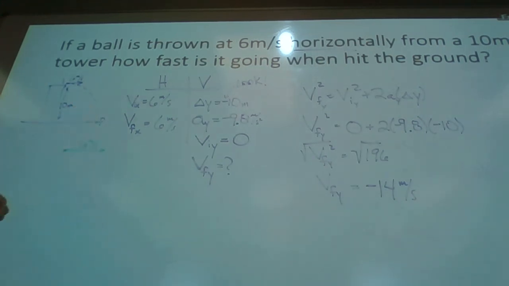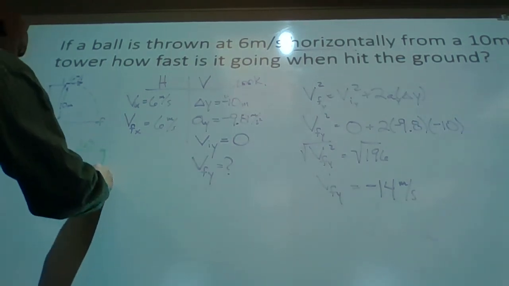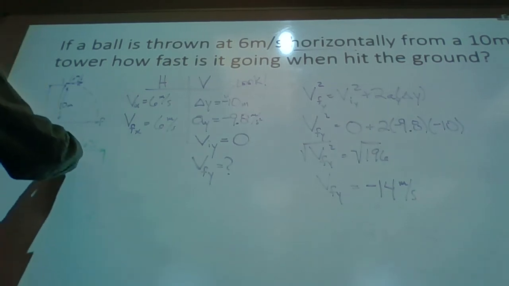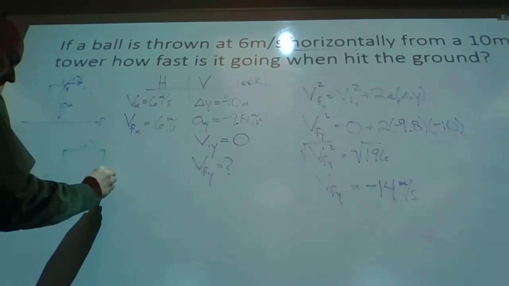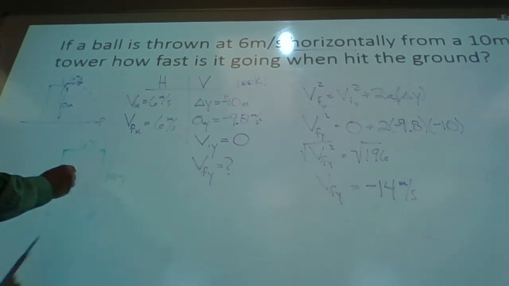At the end here, it's moving 6 meters a second horizontally and 14 meters per second vertically. I need to find the resultant. So I copy and paste. Now that's 14 meters a second.